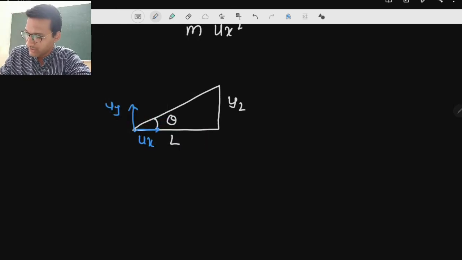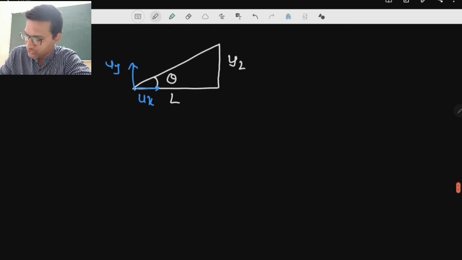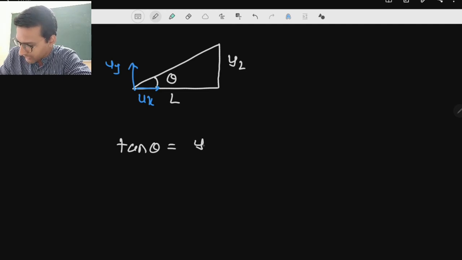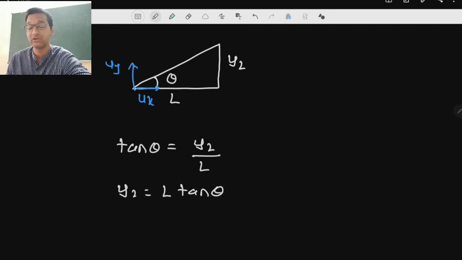So we can also write tan theta is equal to y2 divided by L, or we can write y2 is equal to L into tan theta.